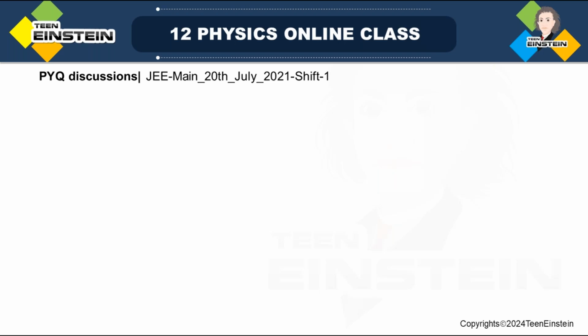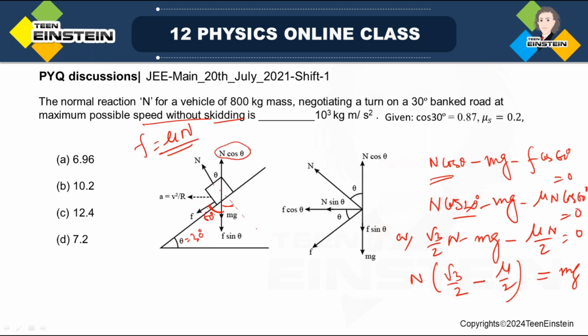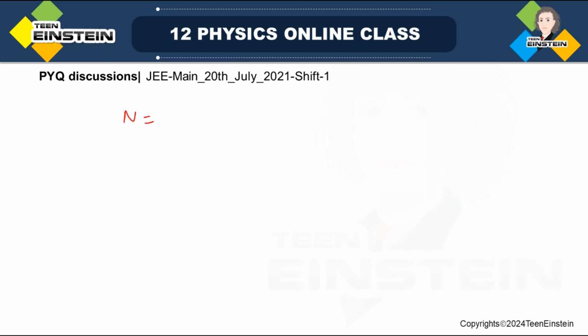So I have got n cos of 30 degree, for which I had written the value already, is equal to mg. So n is equal to mg.